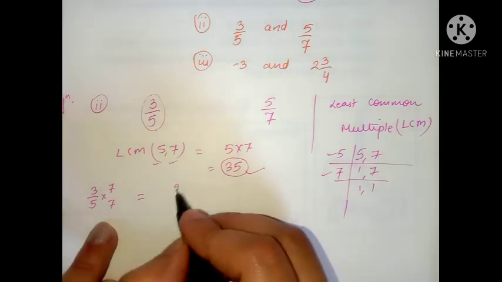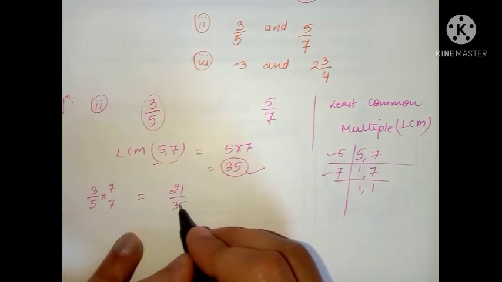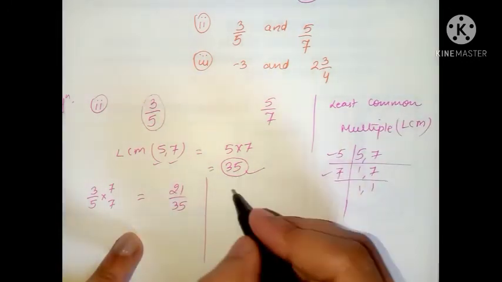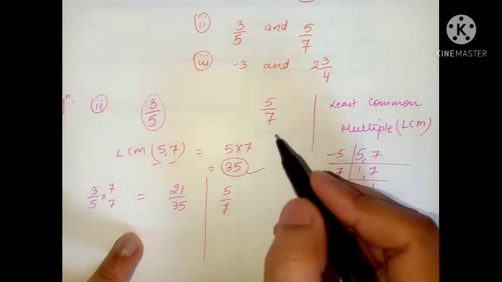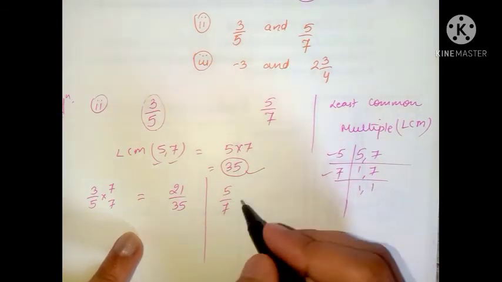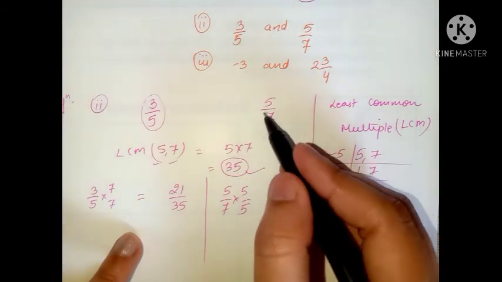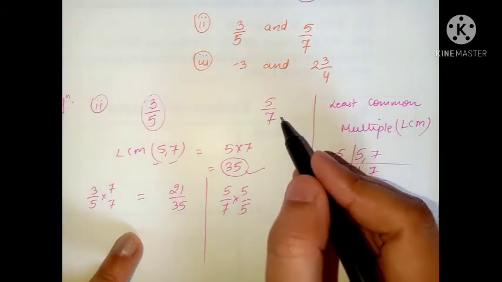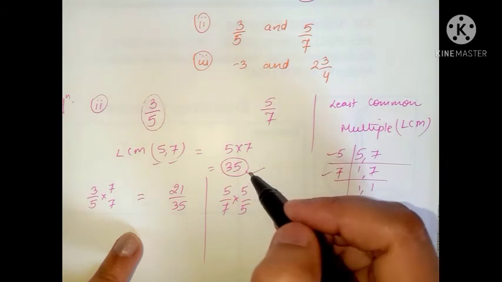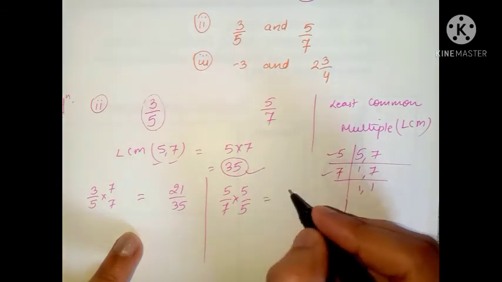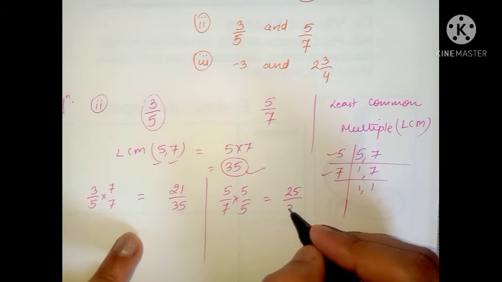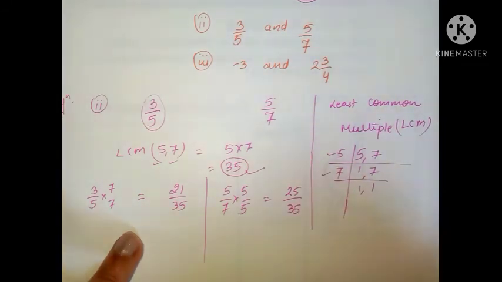Okay, so we get 7 threes are 21 over 35. Similarly, for making this denominator 35, we need to multiply by 5 because 5 is the only number which when multiplied with 7 can give 35, and this is our task. So this is giving us 25 over 35, right?